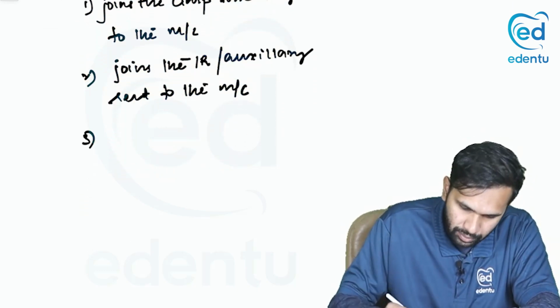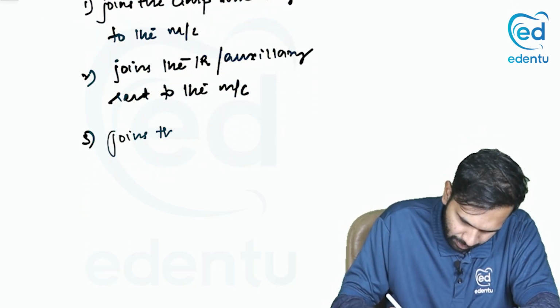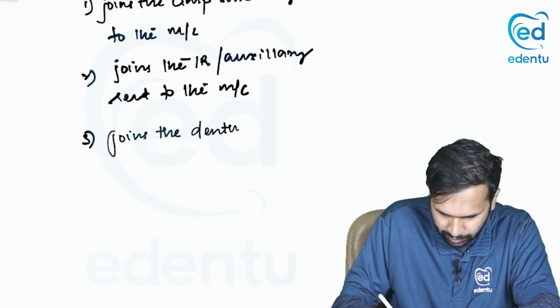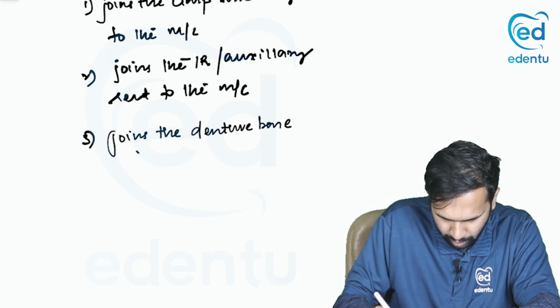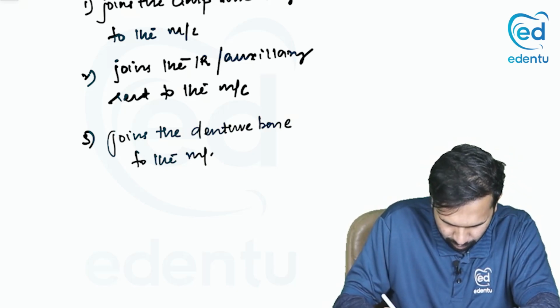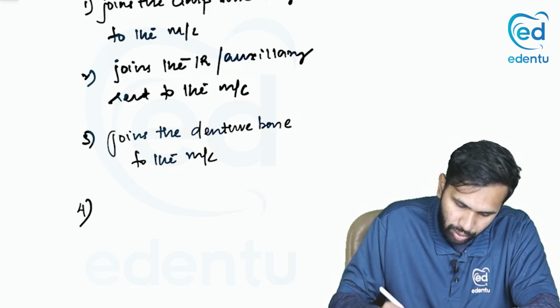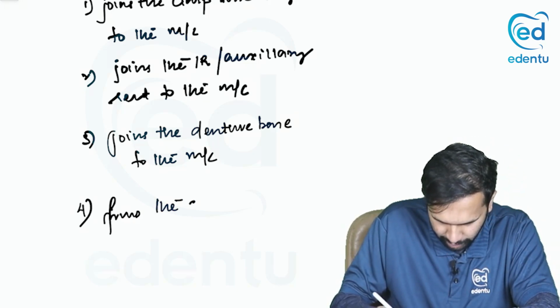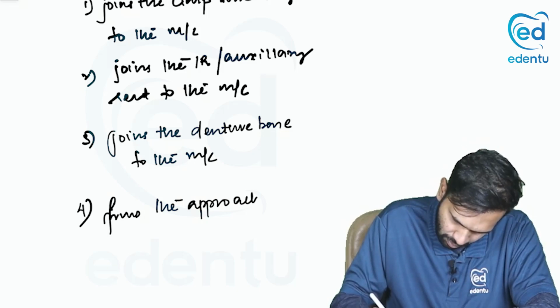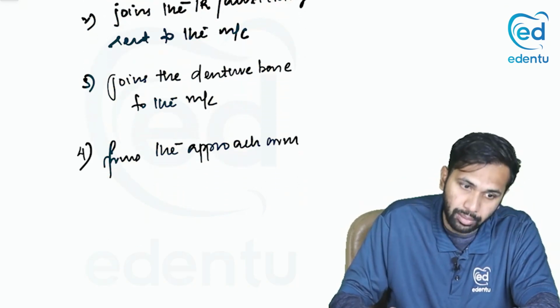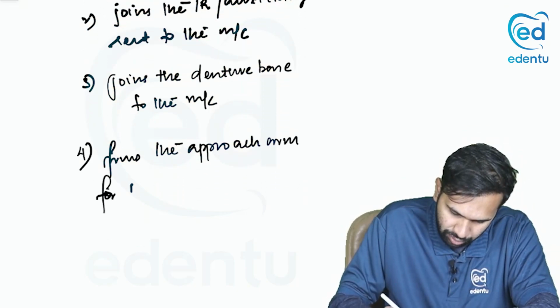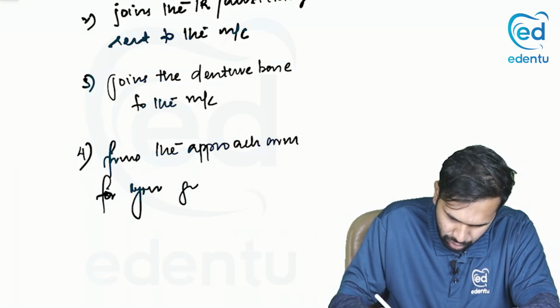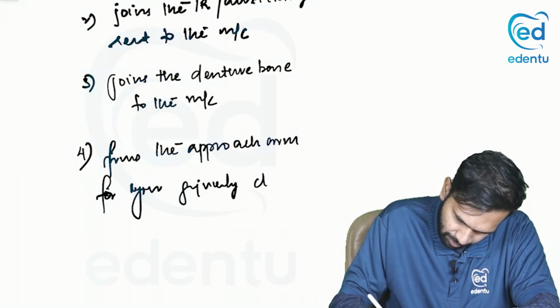Number 3, it joins the denture base to the major connector. And number 4, it forms the approach arm for your gingivally approaching clasp.